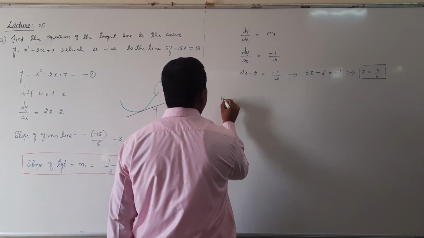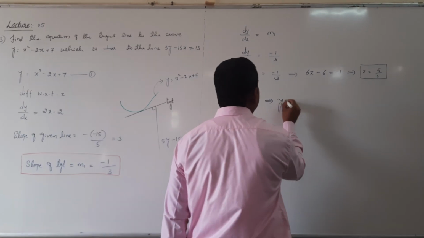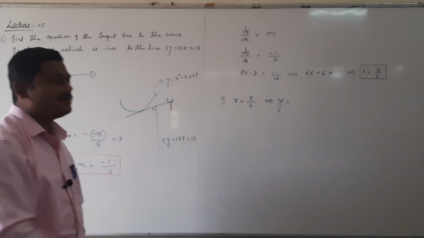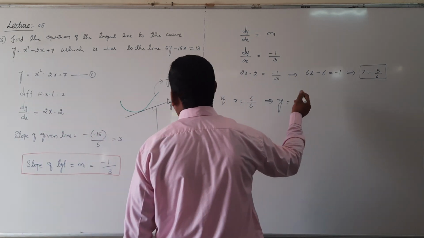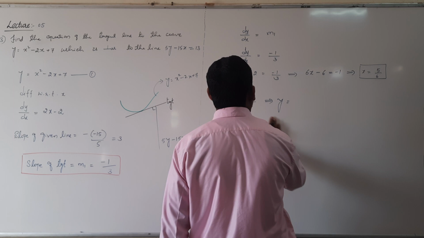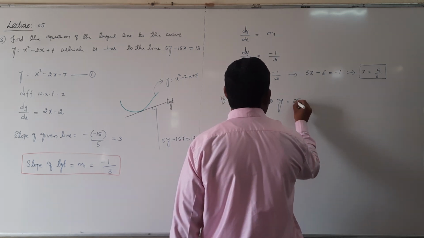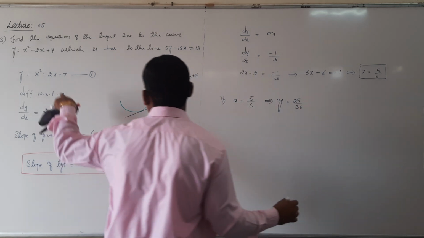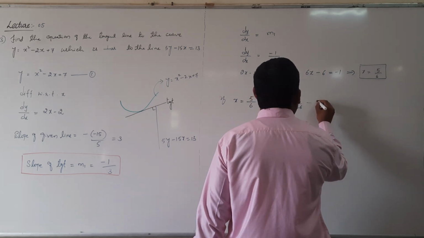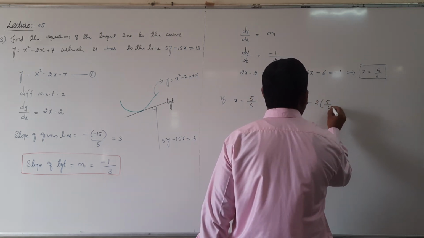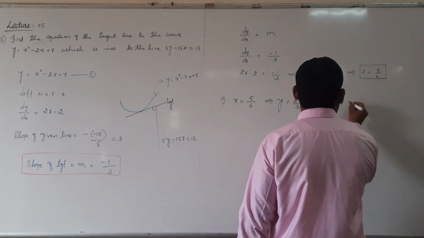If x equal to 5 by 6, then what is the y value here? Put x equal to 5 by 6 in this curve. Then 25 by 36 minus 2 into 5 by 6 plus 7.